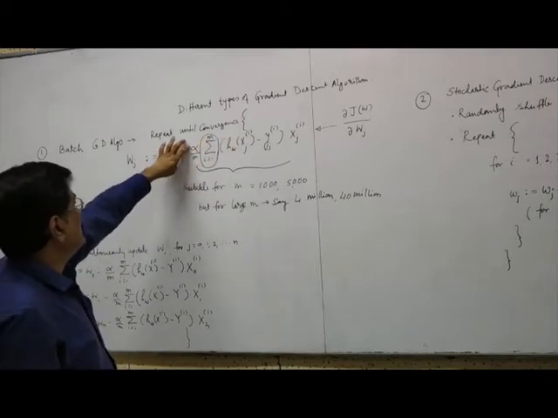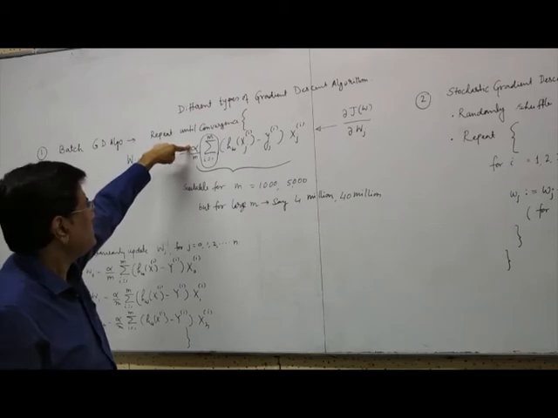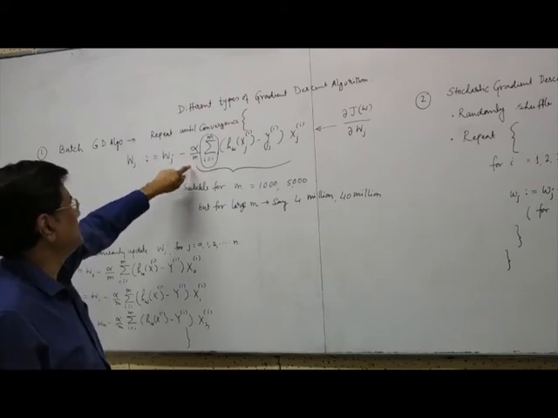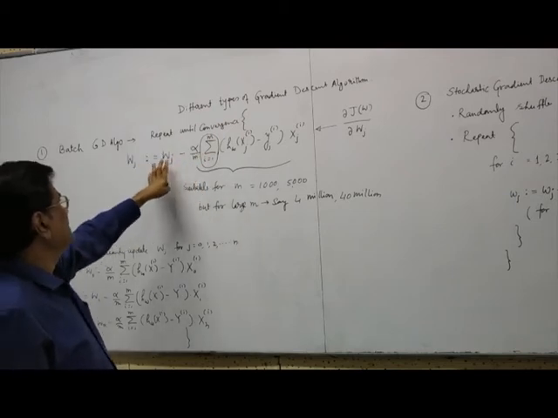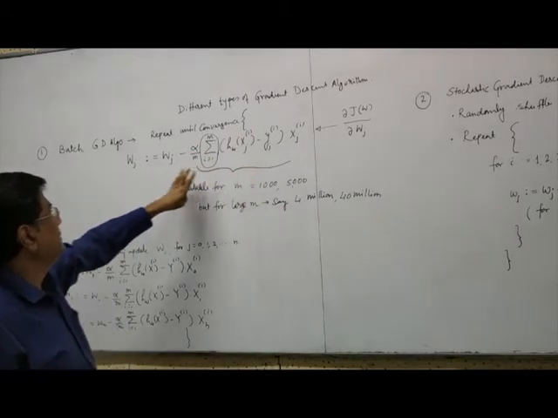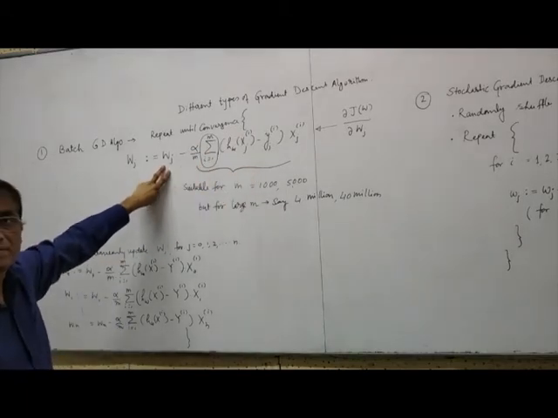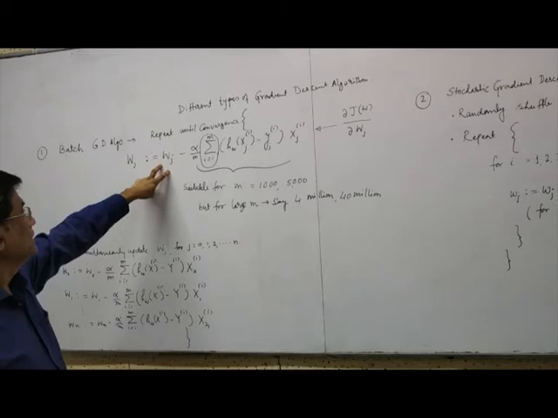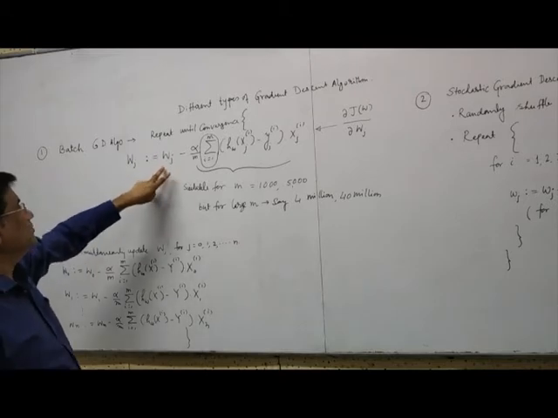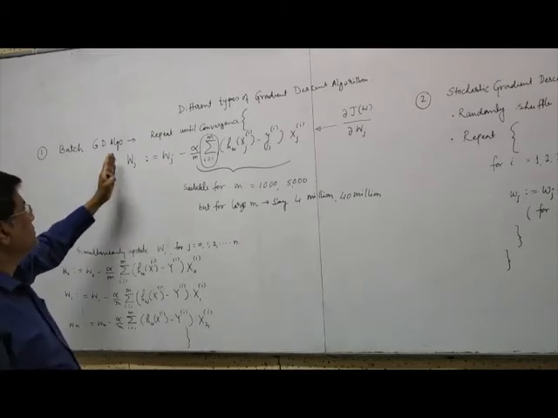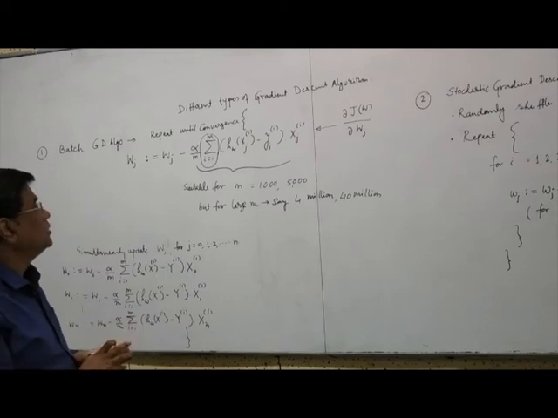Then alpha is the learning rate, multiplied and divided by this to simplify a little bit. Then that term will be deducted from Wj, and then Wj will take a new value.